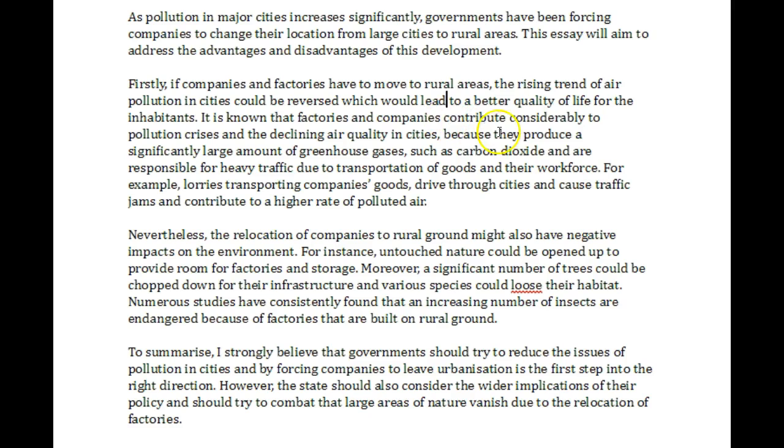It is known that factories and companies contribute considerably to pollution crises and the declining air quality in cities because they produce a significantly large amount of greenhouse gases, such as carbon dioxide. So this sentence is a little bit long, but the commas were in the wrong place, so let's reposition them.